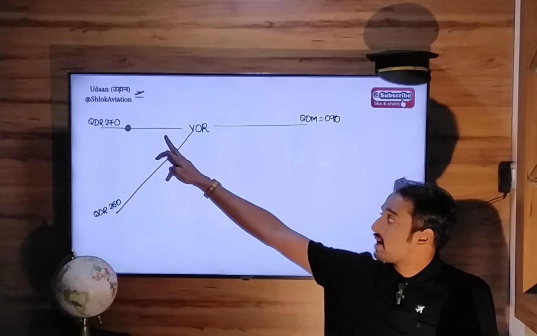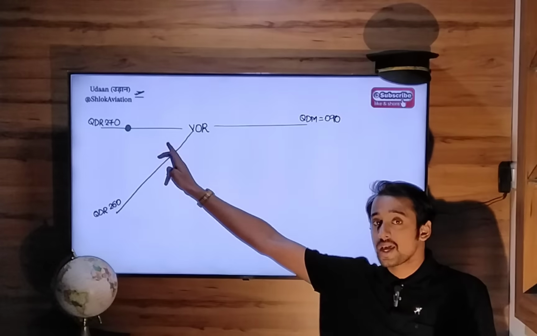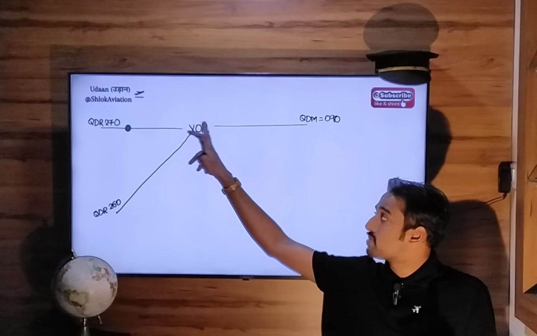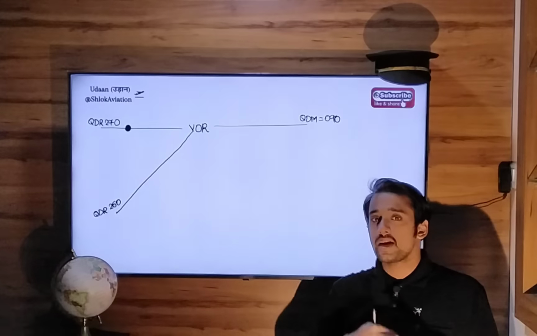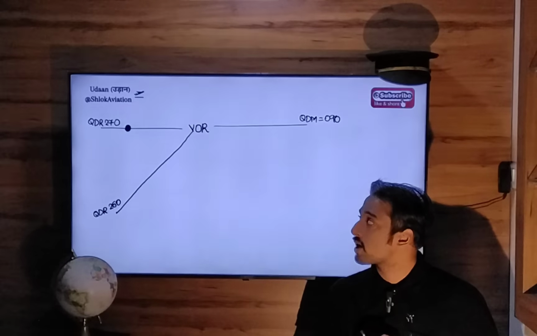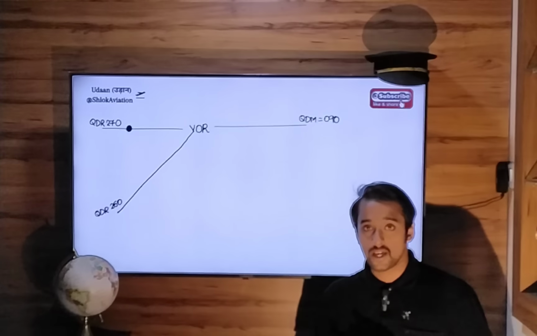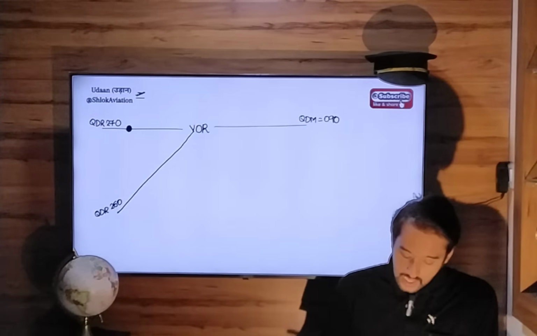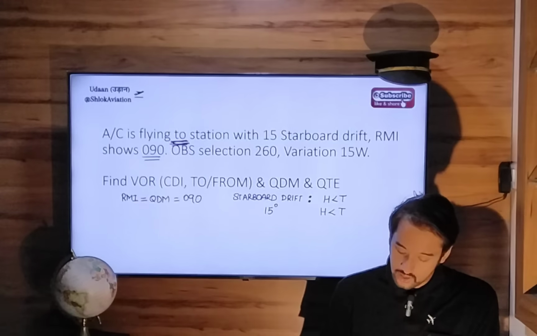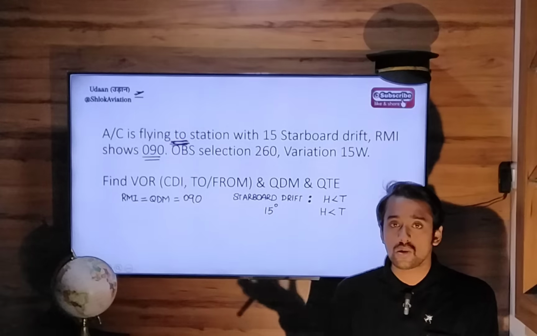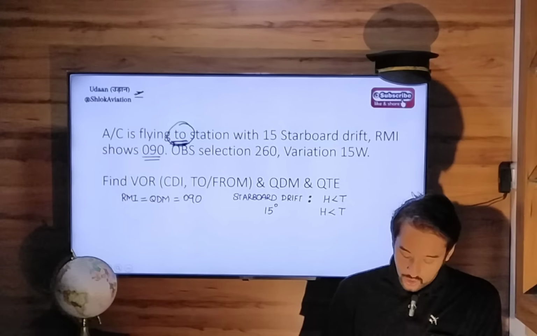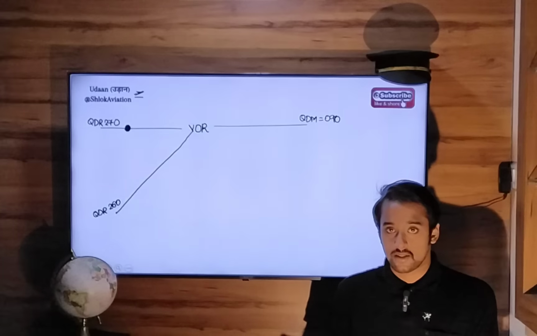You are on radial 270, which takes you away, and QDM, which will take you towards the station, will be 090. You will get QDM 090 only when you are on QDR 270. Now the OBS selector is put to 260. Now you are flying towards the station.